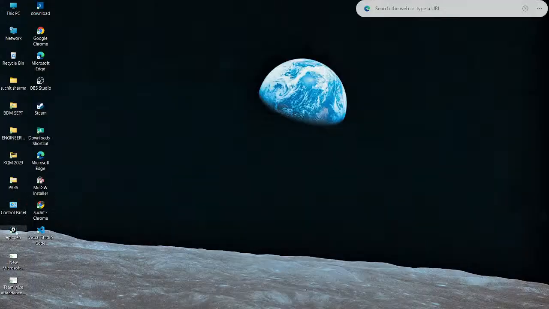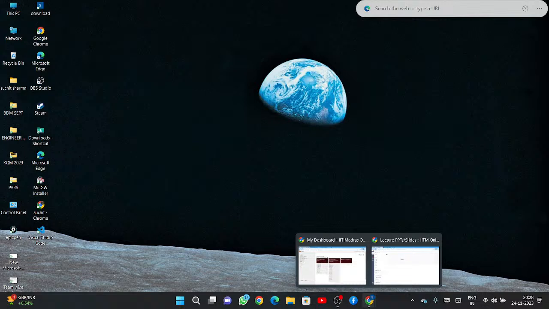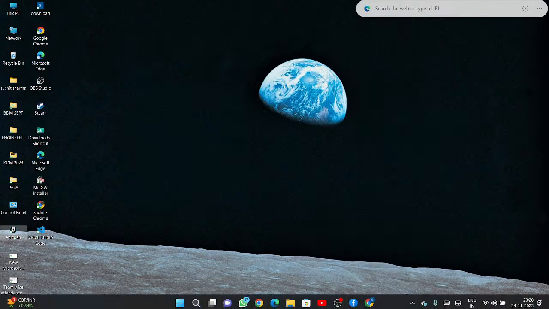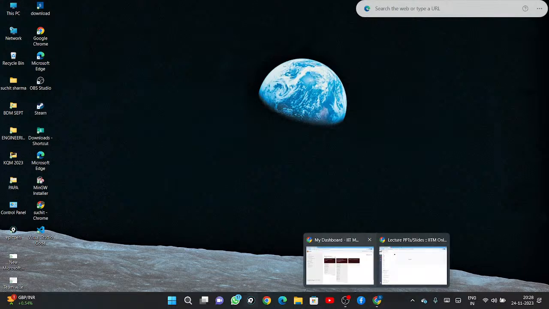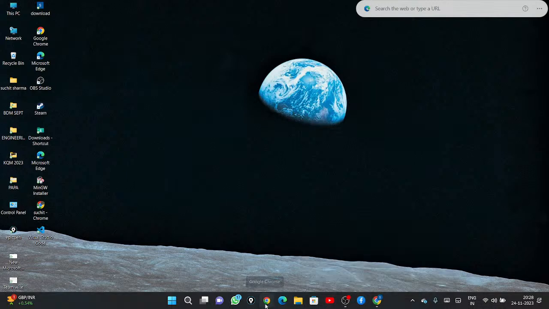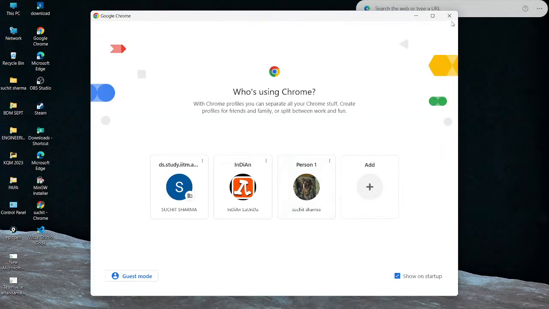Why is this pen not working? Let's see. Let's open the file. Is that the case or will it not be working? I don't know. There seems to be some problem here. Let me open this.